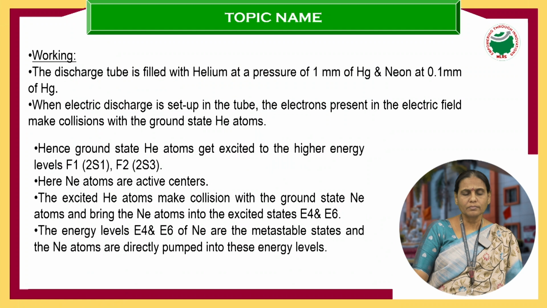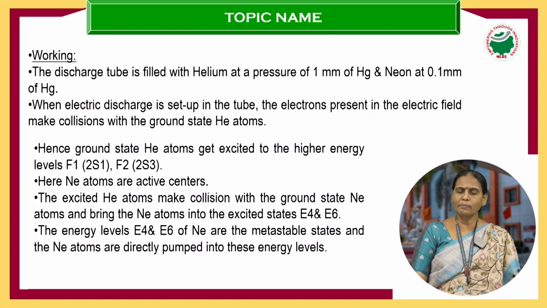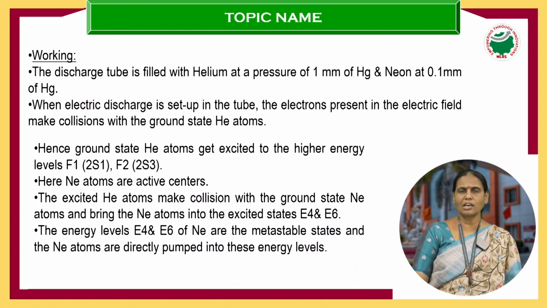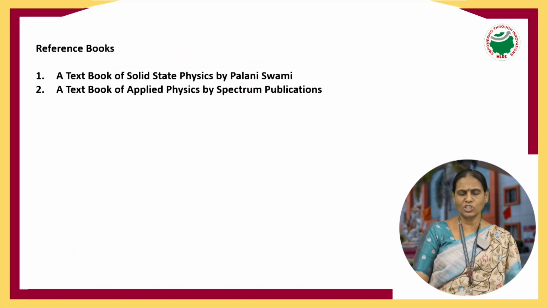Next, what is the working principle? The discharge tube is filled with helium under a pressure of 1 mm of mercury and neon under a pressure of 0.1 mm of mercury. These two gases are filled inside that glass tube. Once the discharge is released, the first gas, helium, absorbs energy and gets excited to a higher energy state.